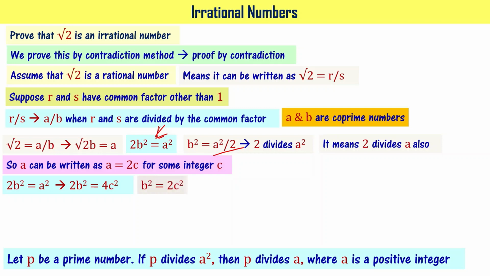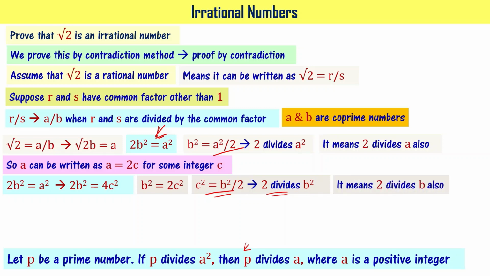Let me simplify it such that it can be written as b square equal to 2c square. When I rearrange it, I can write it as c square equal to b square by 2. It means 2 divides b square, right? Now, as per this particular statement, I can say that 2 divides b also.